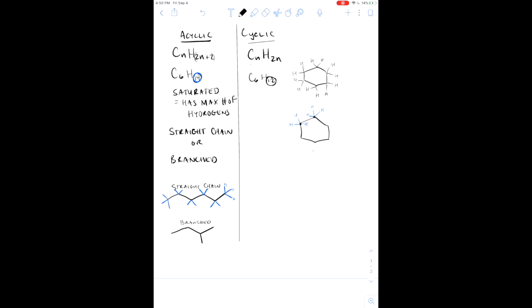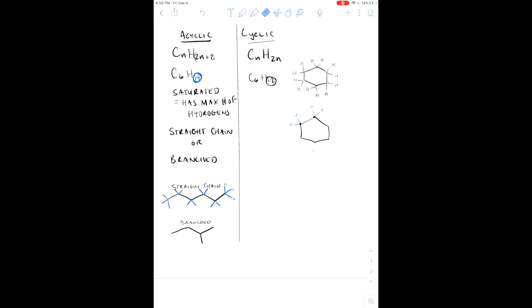But now that carbon has 5 bonds, and so does each of these. This guy does, and that guy does, right? So what we need to do, whoops, I accidentally deleted that bond, is remove a bond from that carbon in the form of a hydrogen, and then remove a bond from the other carbon in the form of a hydrogen.